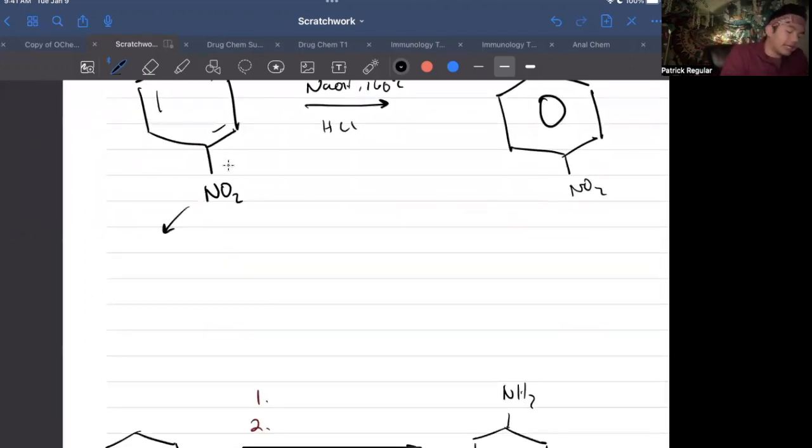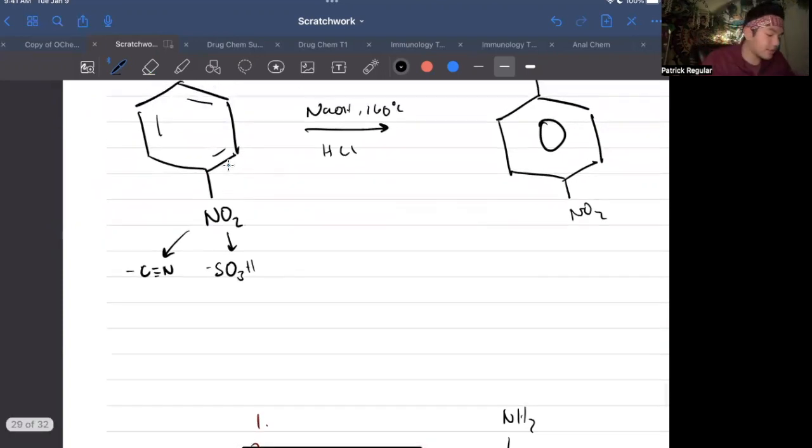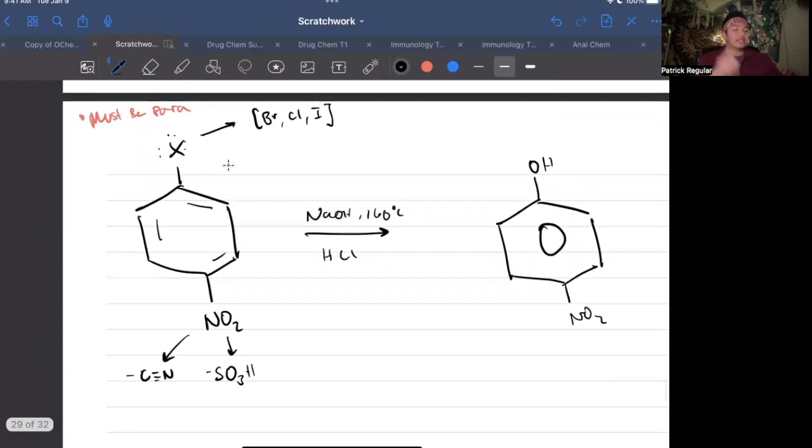While this group right here, it has to be a deactivating group. So on top of NO2, it could be benzonitrile or benzene sulfonic acid. Your strong deactivators, okay? So if I were to react this with NaOH, an extremely basic condition at a very high temperature, all right, how does it react?